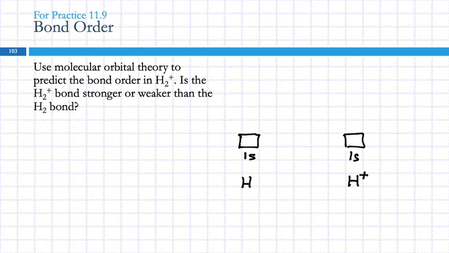So this guy has 1 electron, and this guy has no electrons. A little disturbing, but we'll just hang on. If I combine 2 atomic orbitals, I get 2 molecular orbitals. One is lower in energy, and one is higher in energy. This is called sigma 1s, and this is called sigma star 1s.